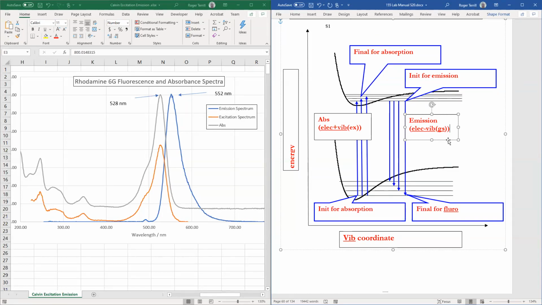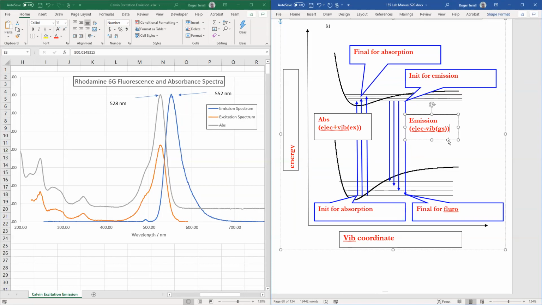Why are they the same? But there are more arrows on emission than absorption. It's sort of an accident that there are more arrows. Oh, okay. So that's not supposed to be there really. I should add an arrow.